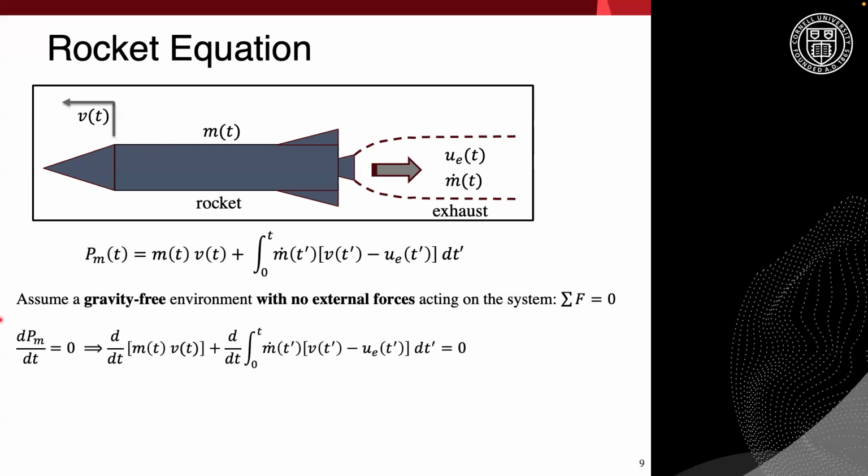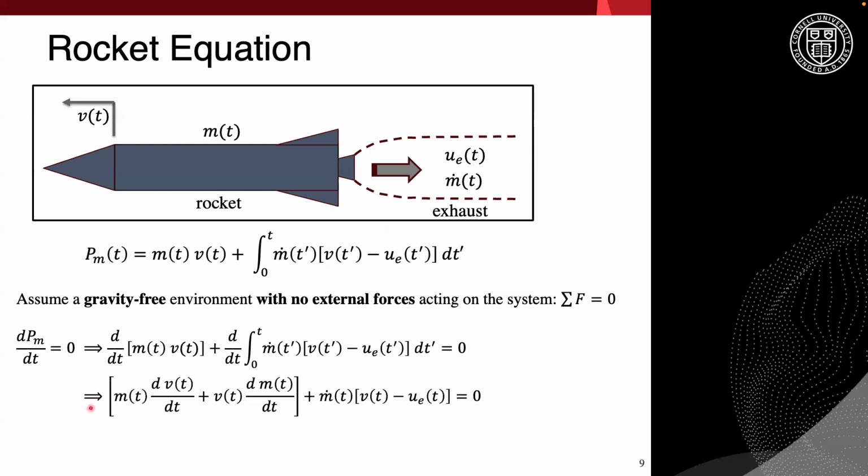So now we will apply the conservation of momentum. So the derivative of the momentum with respect to time is equal to 0 because the sum of the forces is equal to 0. And then we can replace the expression of the momentum here. So we have the derivative with respect to time of mv plus the derivative with respect to time of this integral here.